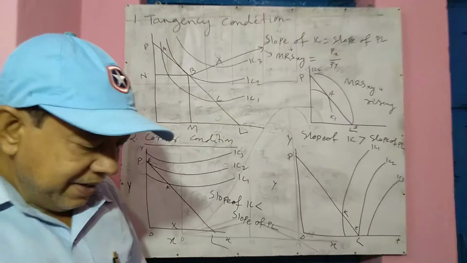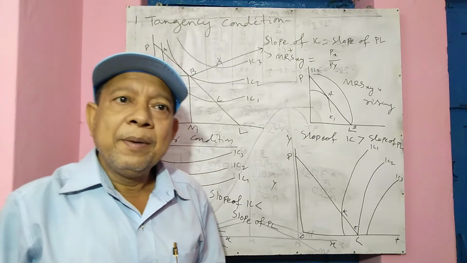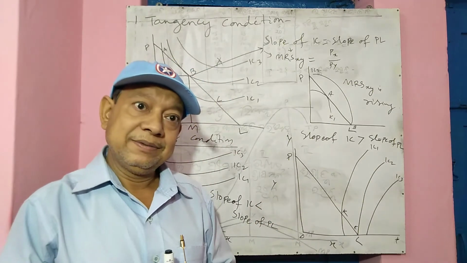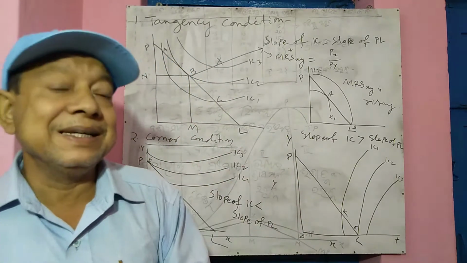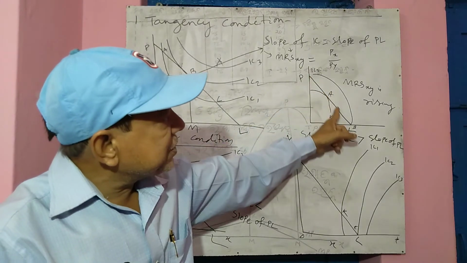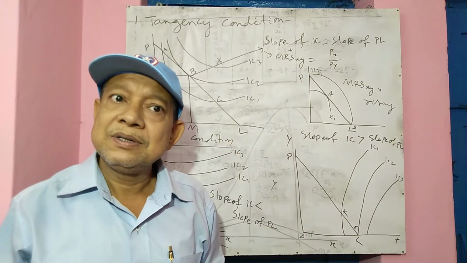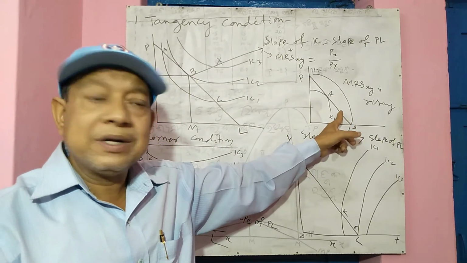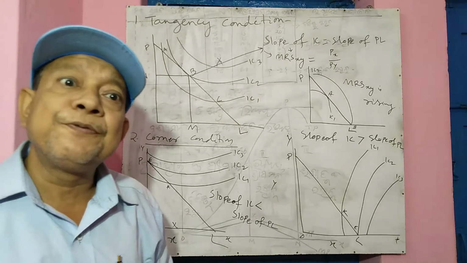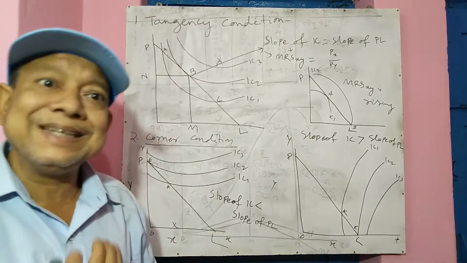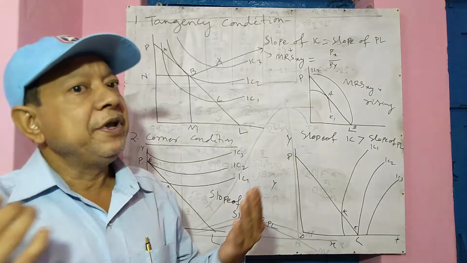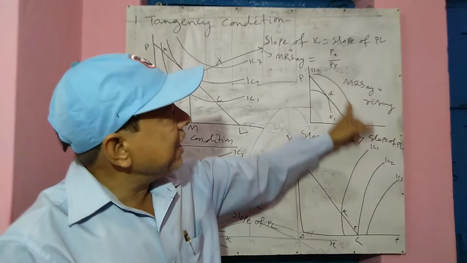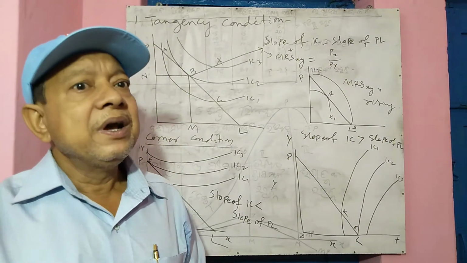In this case, the marginal rate of substitution of X for Y of the indifference curve is rising, not falling. The MRS of the price line is constant, because the price line is a straight, linear line. But here MRS xy is rising instead of falling. If IC is convex to origin, then MRS xy falls. But if it is concave to origin, then MRS xy rises.